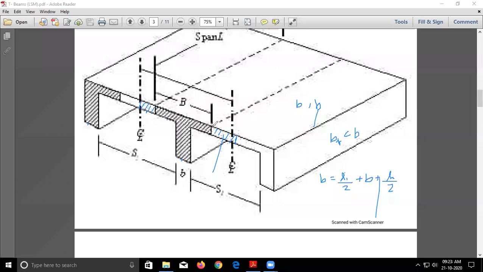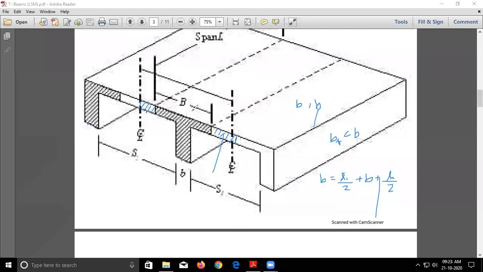Now as I increase this width of the flange, tell me what will be the load carrying capacity of this web. As I move away from the web, the load carrying capacity will increase or decrease? It will decrease, right? As I move away from the web, if I come here, this portion will take less load.